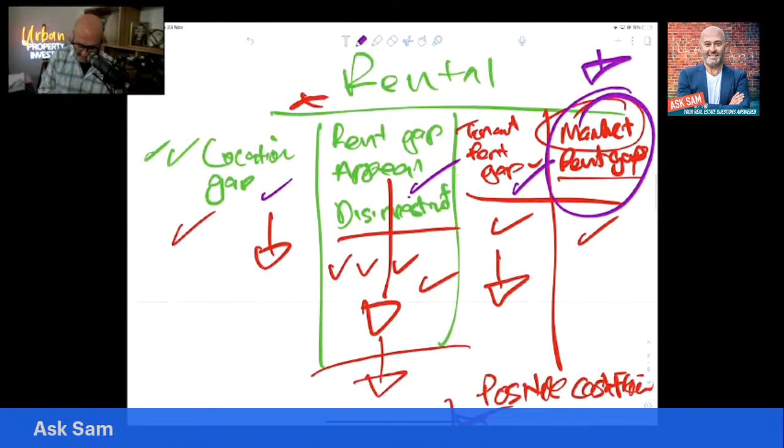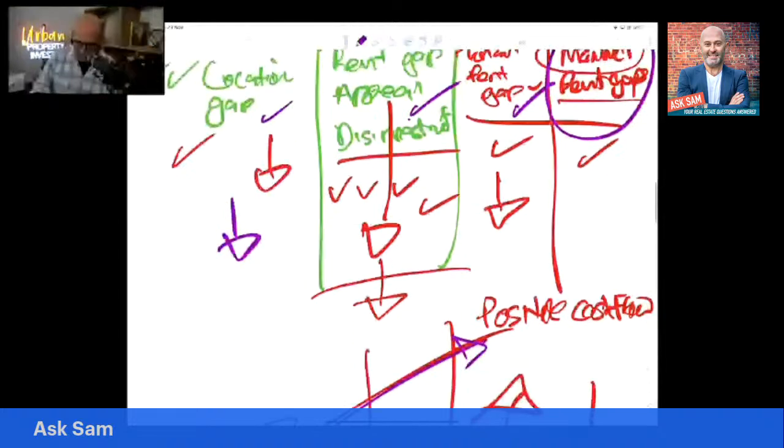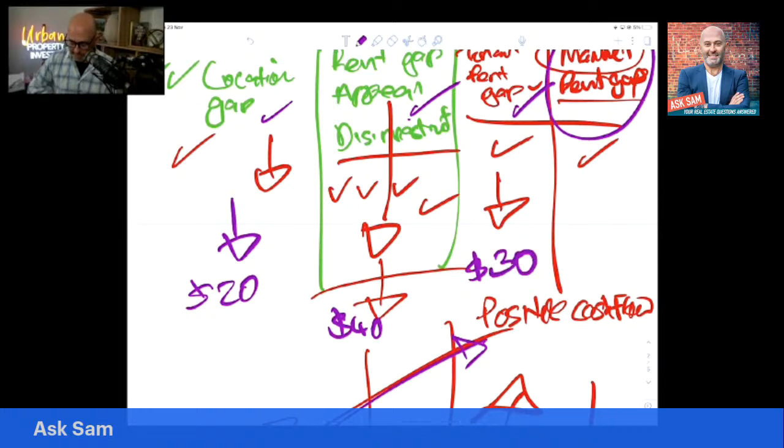But what happens is if you all of a sudden have a $20 a week location rent gap and a $40 a week disinvestment rent gap, your tenants are half a week away from being broke. So the pressure on them to pay more rent means that all of a sudden you're $30 under.